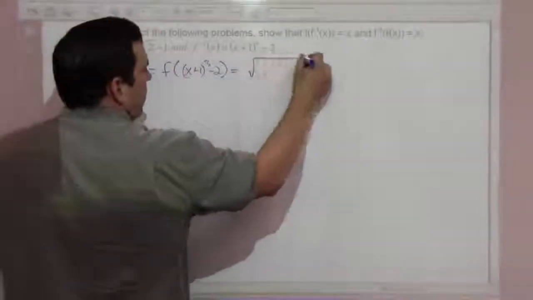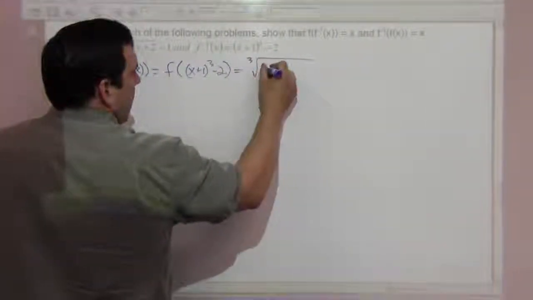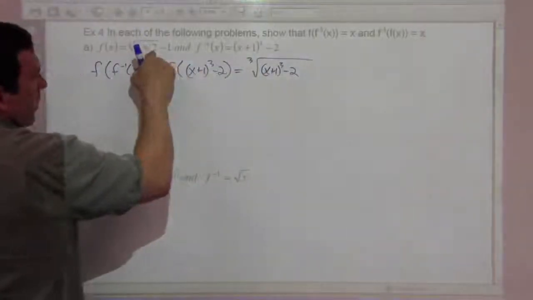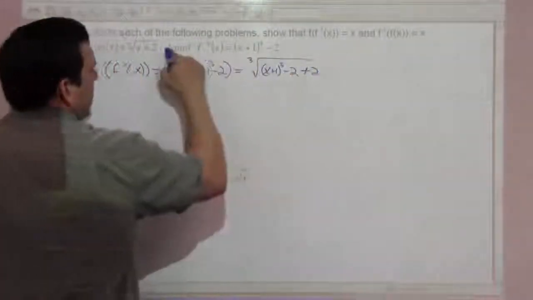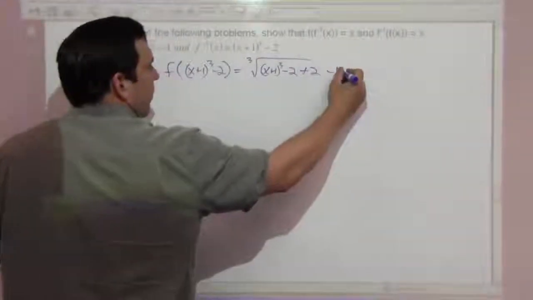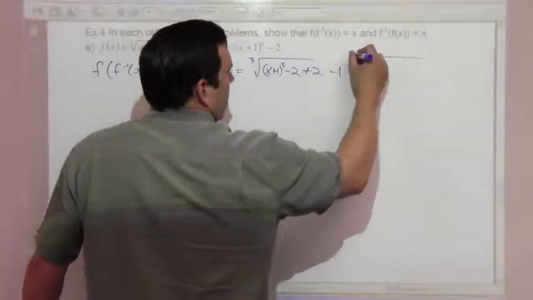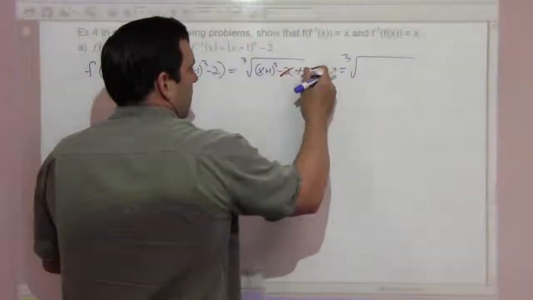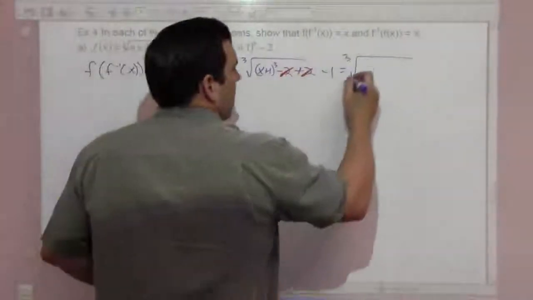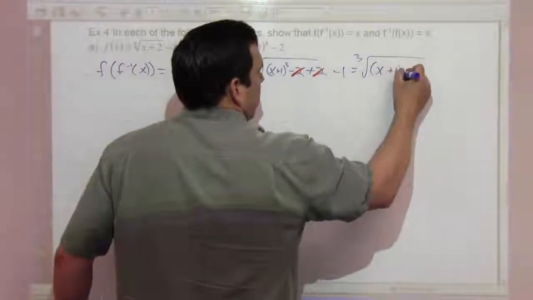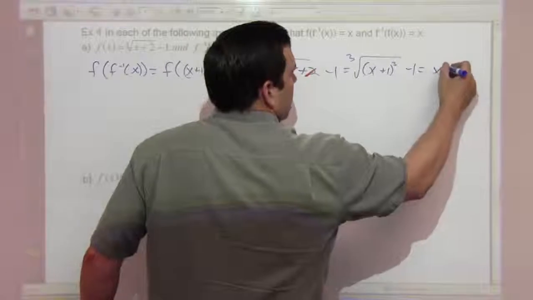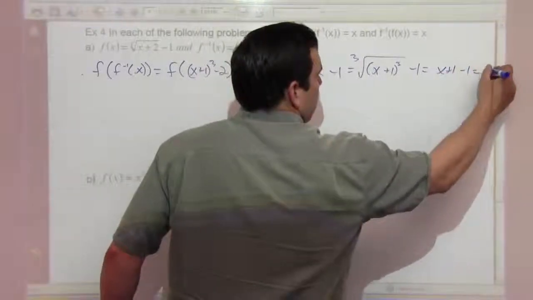That's the cube root of x plus 1 cubed minus 2, and then there's a plus 2, and then outside that there's a minus 1. So these 2's subtract out, and we're left with x plus 1 cubed minus 1. That's just going to be x plus 1 minus 1, which is x. That worked.